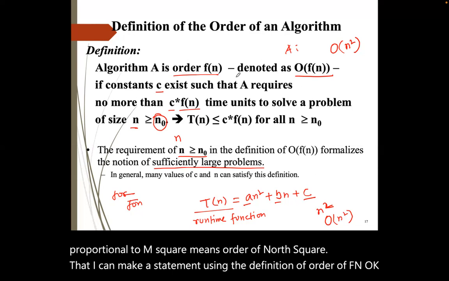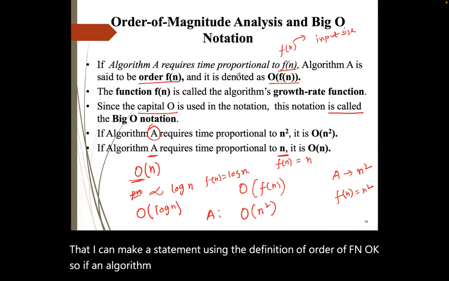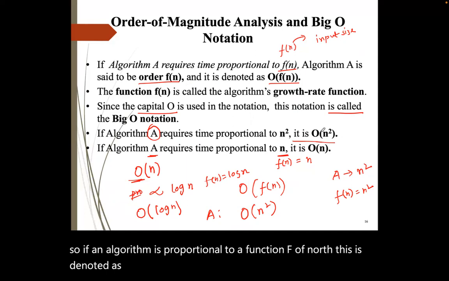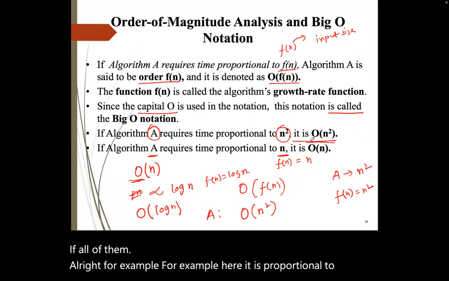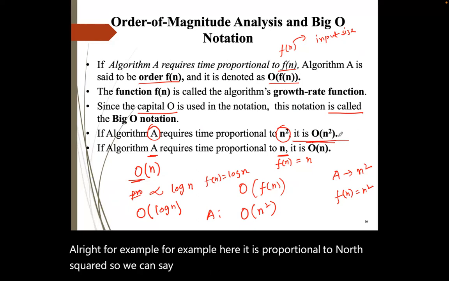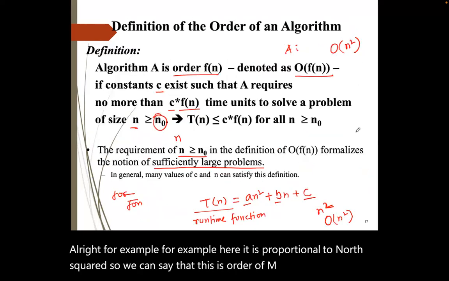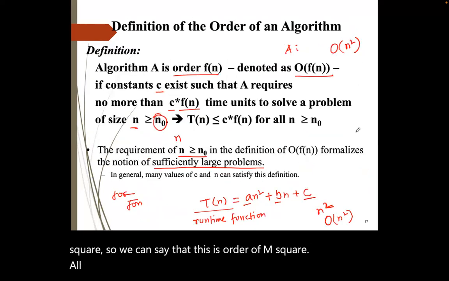If an algorithm is proportional to a function f of n, this is denoted as order of f of n. For example, here it is proportional to n square, so we can say that this is order of n square.